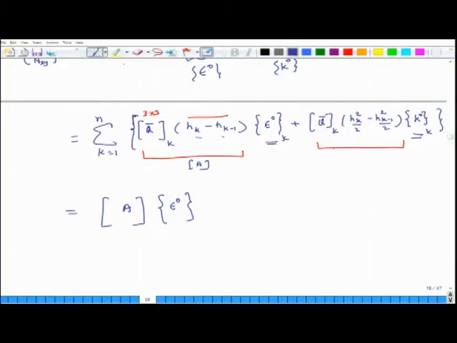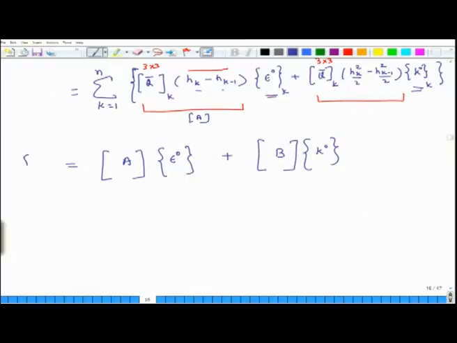Okay. And same thing I do on the second one. So, here this is a 3 by 3 matrix, and h_k square by 2 minus h_k minus 1 square by 2 is a number. So, when I multiply that and I add up all the consecutive terms, I still get a 3 by 3 matrix. So, the second term I get is another 3 by 3 matrix, which I call B, times the midplane curvature K. Okay.